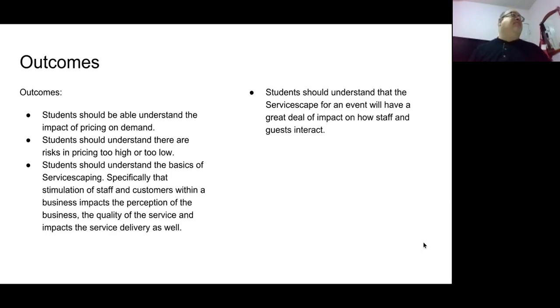If the space is designed well, often staff and guests can really interact in a very appropriate, predictable, and excellent manner. But if it's not designed well, then you might find customers and staff are frustrated when they have to interact with each other. You can imagine a bank where there's thick glass between the customers and you can't pass money or take money from the teller without going to another window.